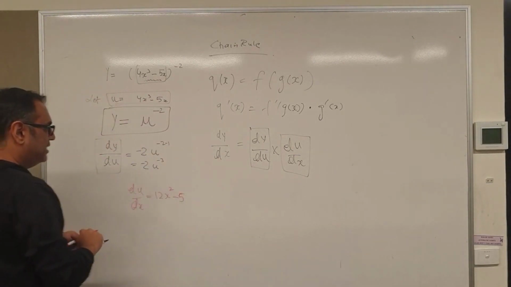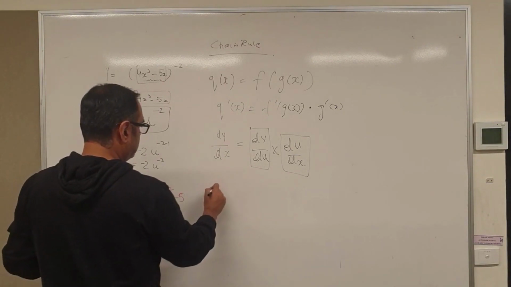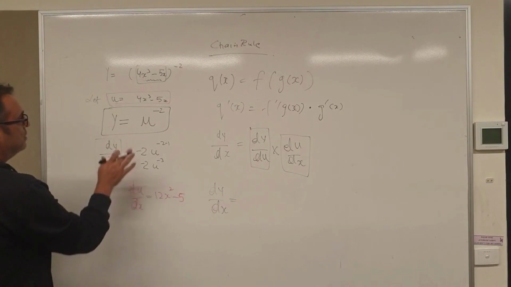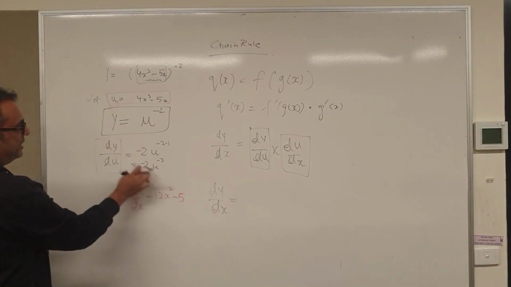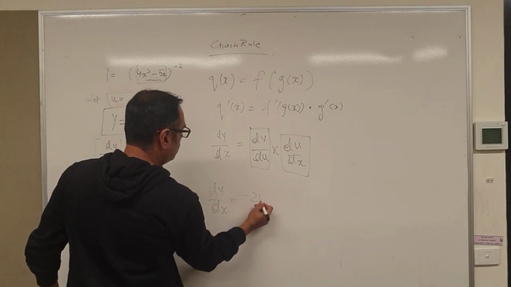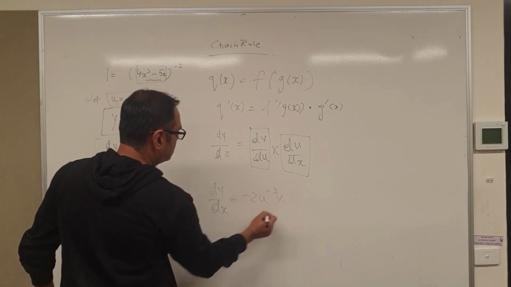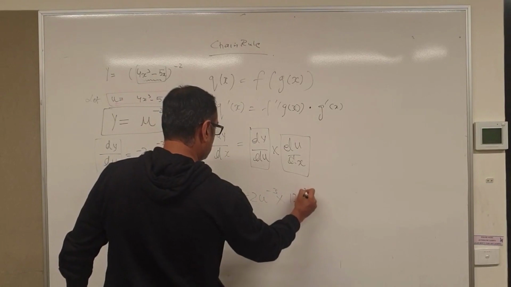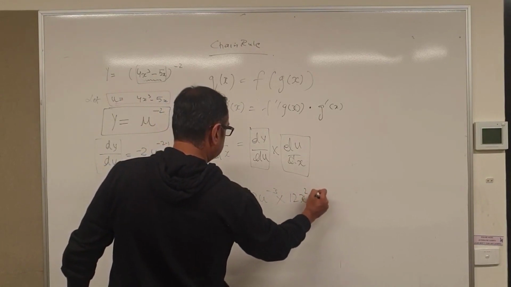So what is dy by dx? dy by dx is dy by du, which is negative 2 u raised to the power of minus 3, times du by dx, which is 12x squared minus 5.